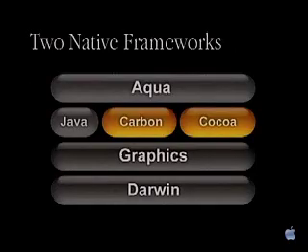Well, it's a trick question. There's two. Cocoa and Carbon are both native frameworks for macOS 10. In many ways, Carbon is the procedural API of a lot of the functionality that we have that's an implementation detail, and Cocoa is the object-oriented API to those. We share a lot of code below the surface. We're investing heavily in both of them.